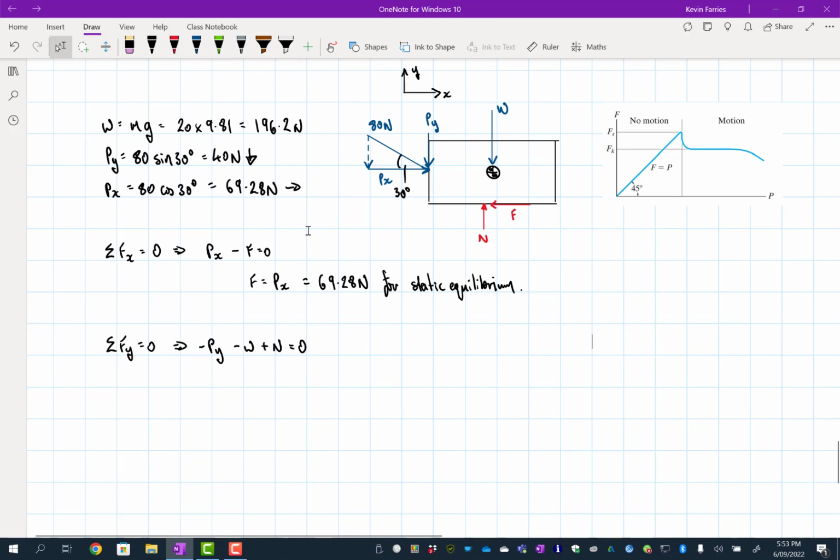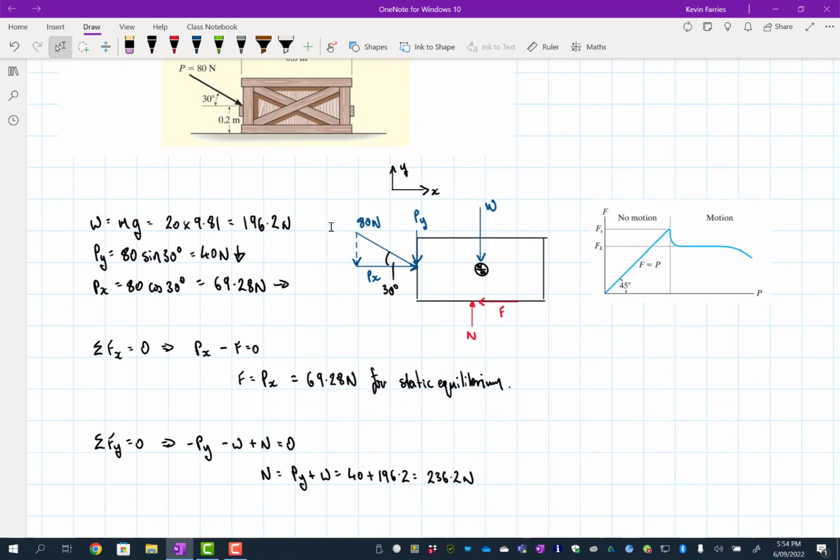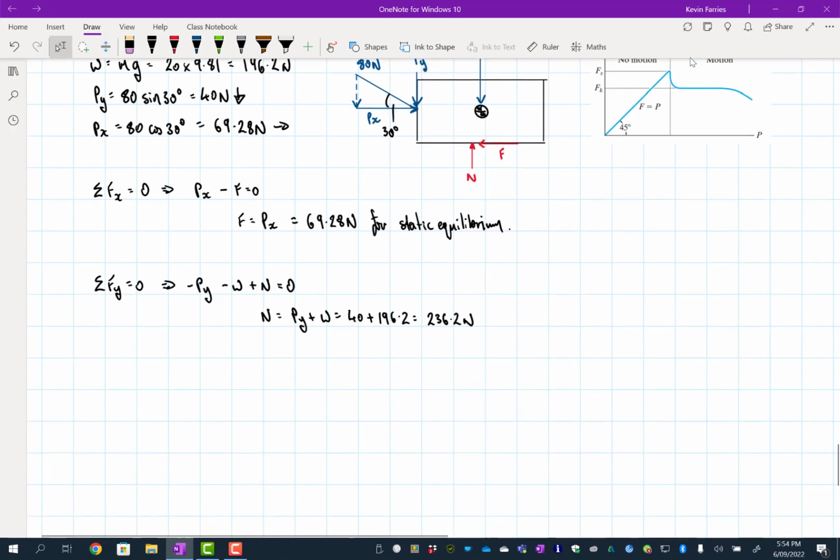That's why I drew this one dashed, so I wouldn't do it twice. So therefore, the normal force is just equal to Py plus the weight, which is just equal to 40 plus 196.2, which is 236.2 newtons down. Then we can figure out this limiting value of friction because Fs is just equal to the static coefficient of friction times the normal force.